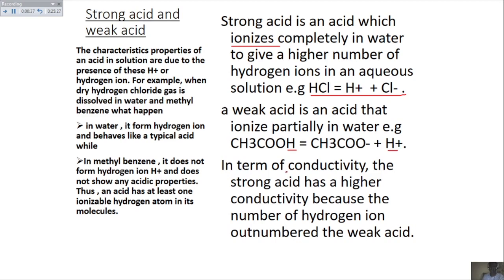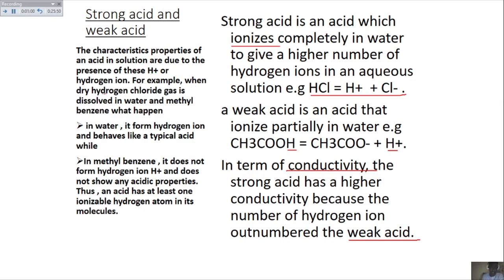In terms of conductivity, what happens? The strong acid has a higher conductivity because the number of hydrogen ions outnumbers that of the weak acid. The catalytic properties of an acid in solution are due to the presence of hydrogen ions or protons in the solution.